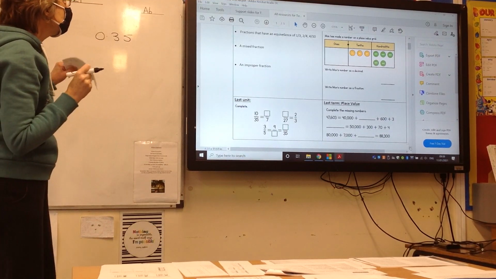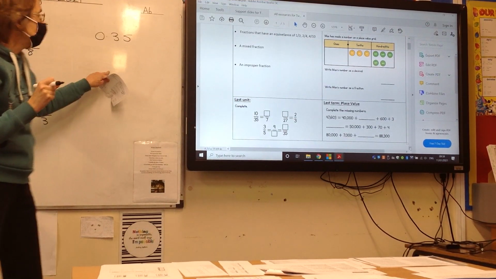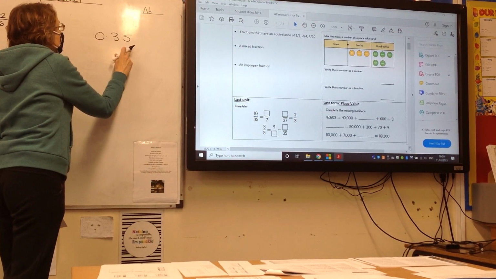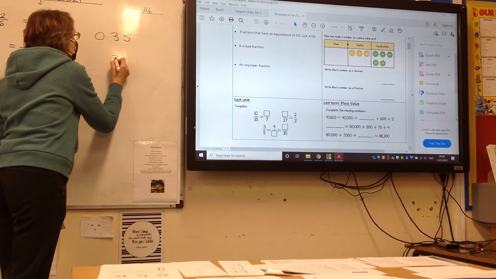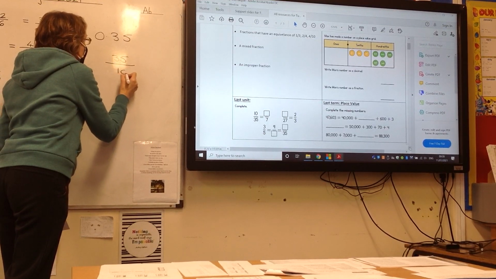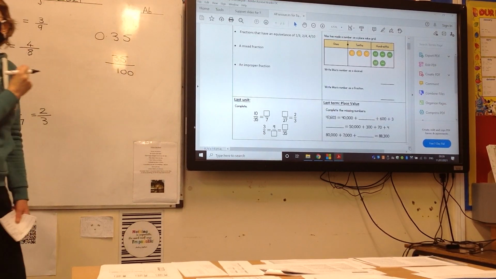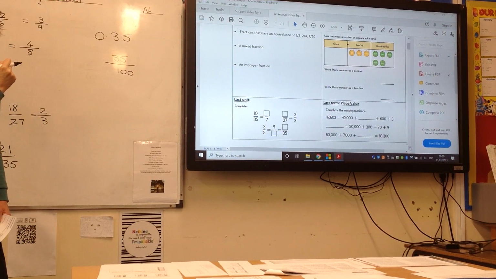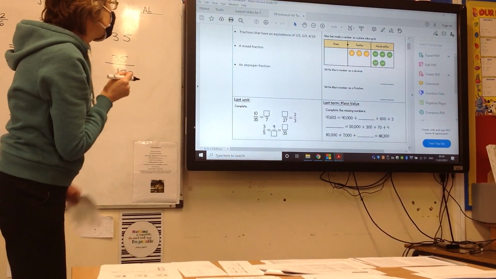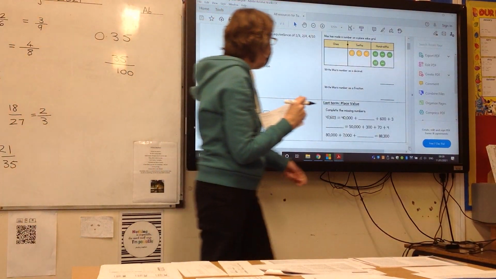We were thinking about how to write that as a fraction. We've got 3 tenths, 5 hundredths, all together that would make 35 hundredths. Do you remember we did that yesterday and last week? Yeah? Okay, good.